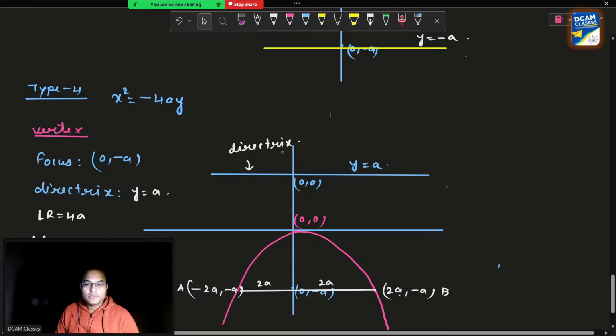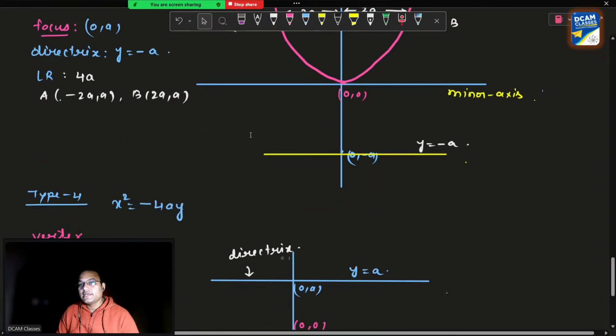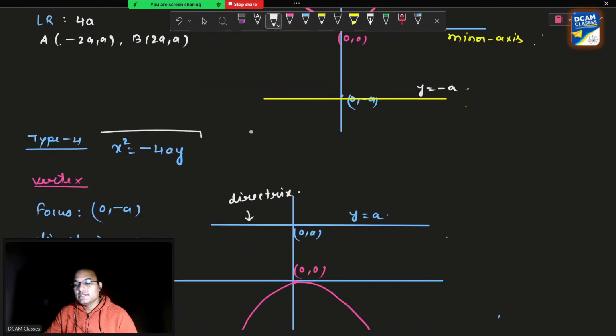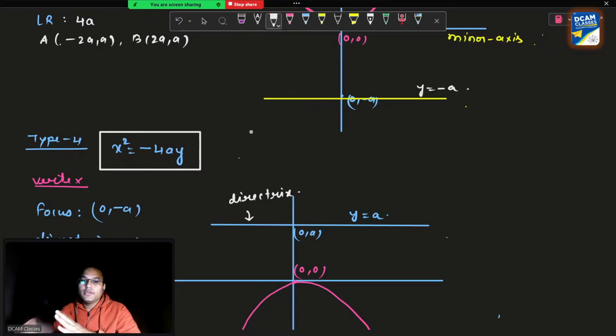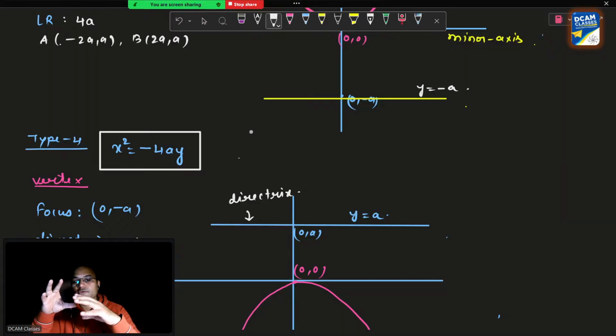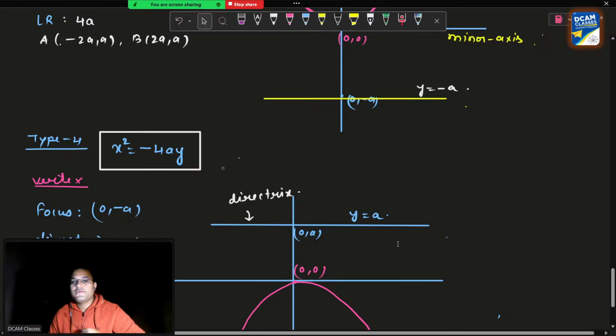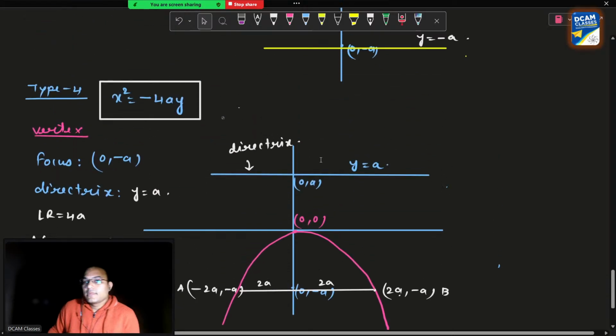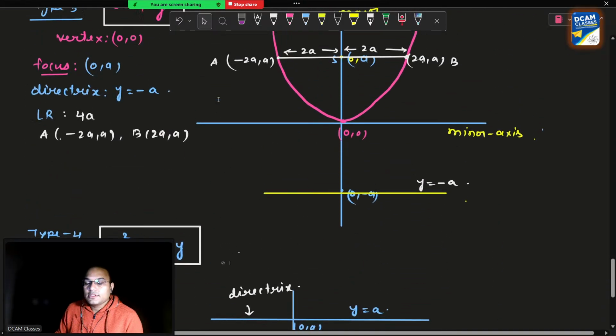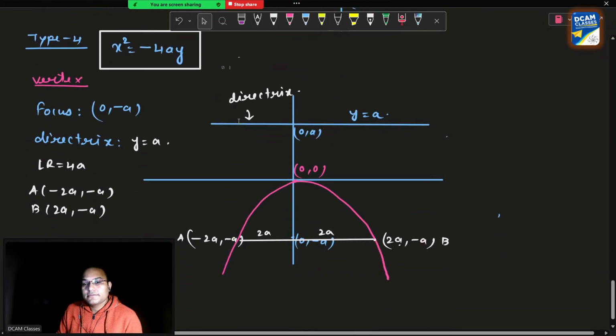The questions will be of this general type only. They just want to know your information. Whenever they give a question only on the basis of parabola, only on these basic things, they'll try to give you the parabola with a different vertex. Usually questions are asked on these kinds of parabola, but the one that I am going to tell you is a general form.